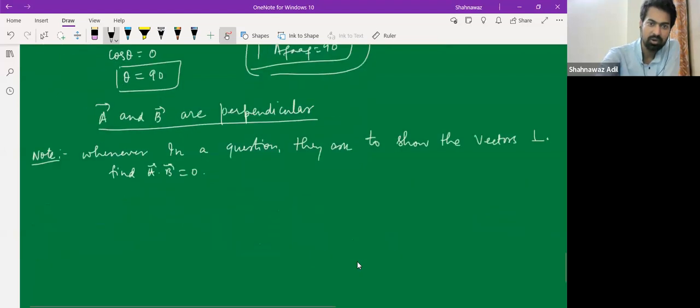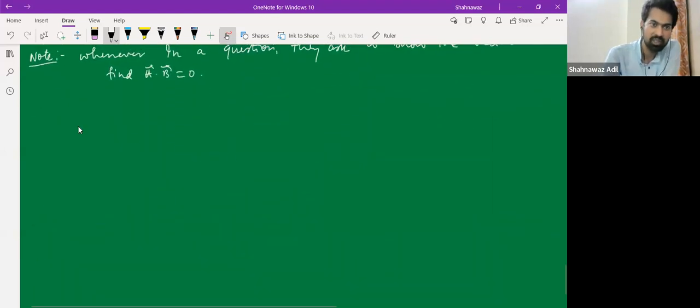Okay, so again, let me ask you guys a few questions and see if you remember now. So let's say this is my vector A. What is the direction of this vector? What represents the direction of this vector? I am not talking about the x and y axis for now.